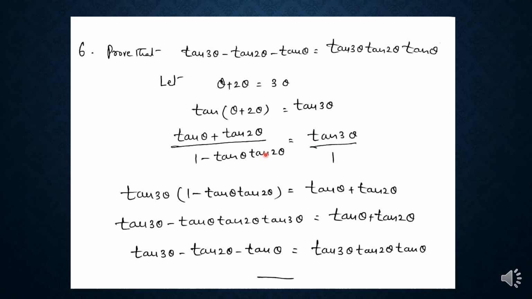By the cross multiplication, we will get tan 3 theta into 1 minus tan theta into tan 2 theta is equal to 1 into tan theta plus tan 2 theta.